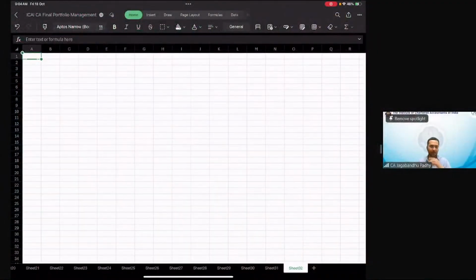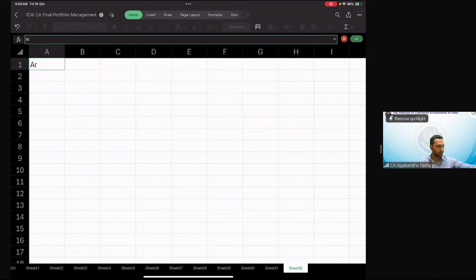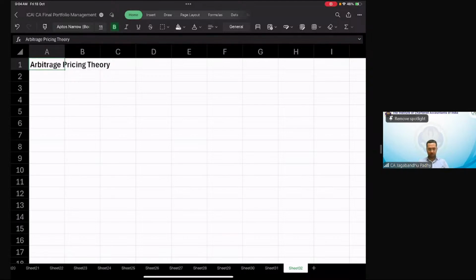Let's go for the next model for calculating the required rate of return from an investor, which is arbitrage pricing theory. So the next model is about arbitrage pricing theory. Okay, arbitrage pricing theory.